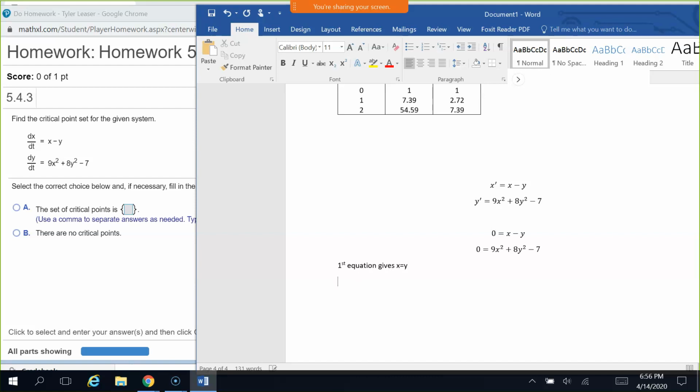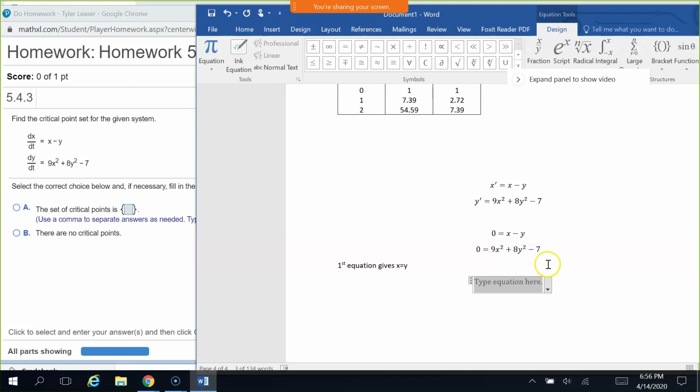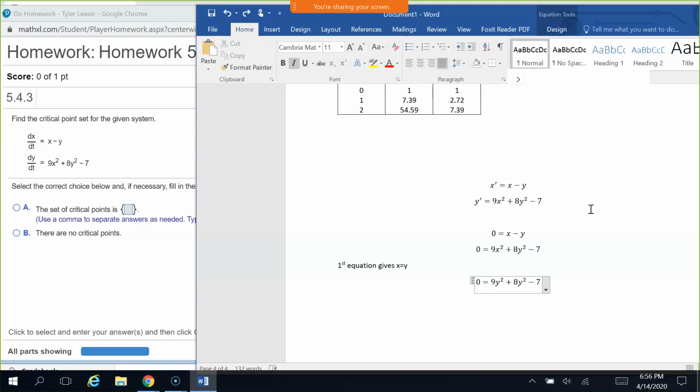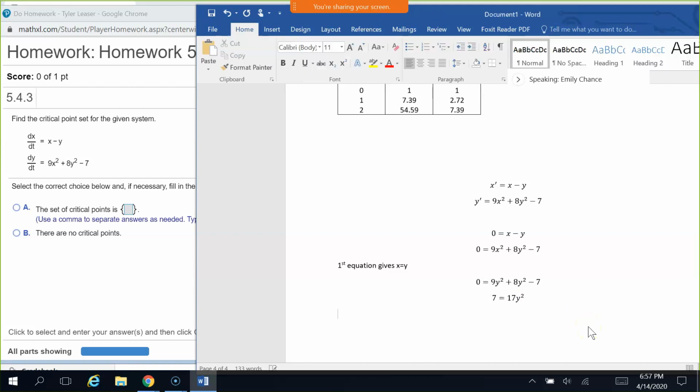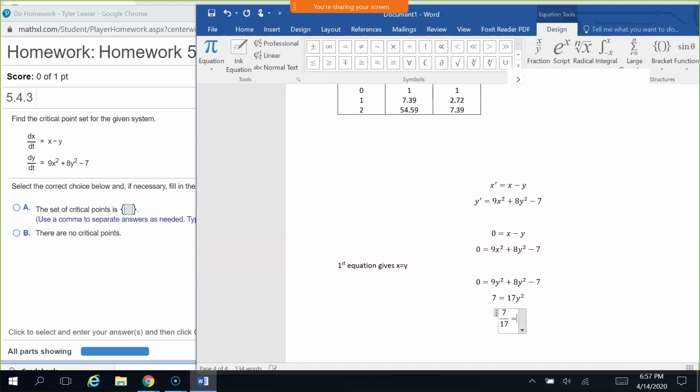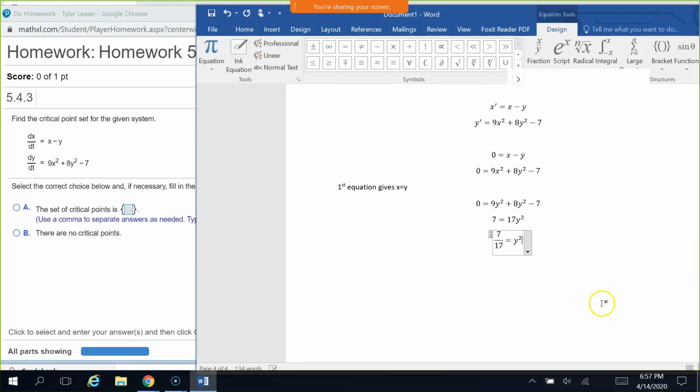So then I'm going to substitute that into the second equation. That's going to give me 9y squared plus 8y squared minus 7. We can add the 7 over and then combine the 9 and the 8 together. Divide. And then take the square root. Just be careful. Make sure you take the plus and the minus.